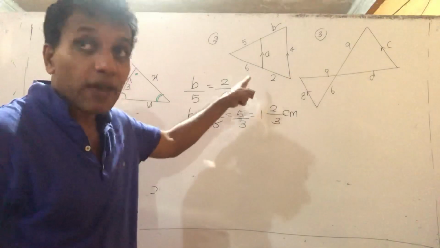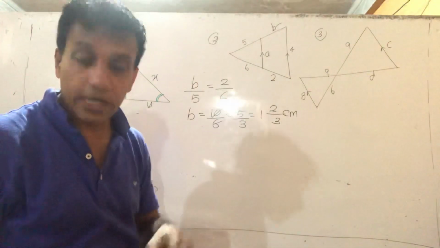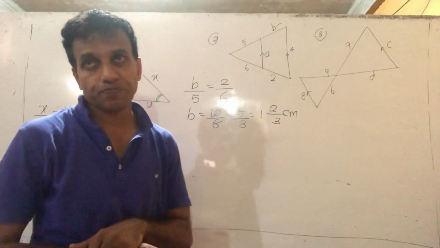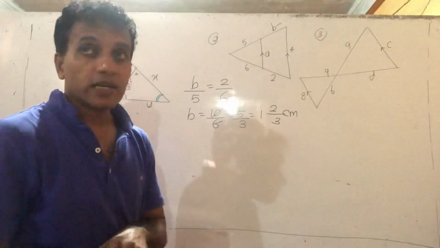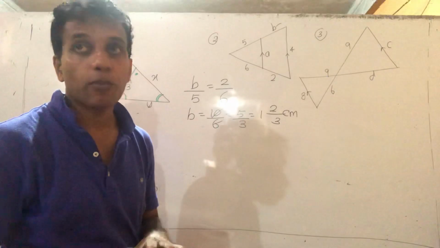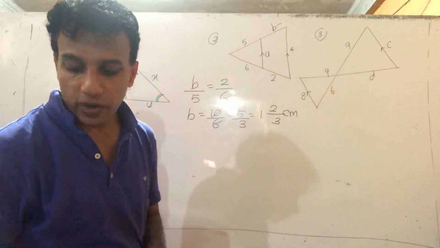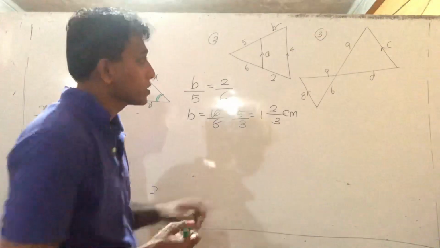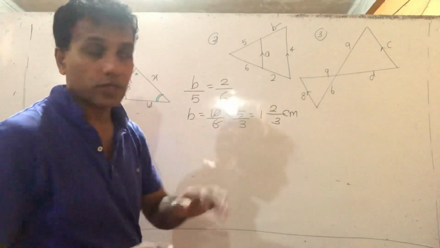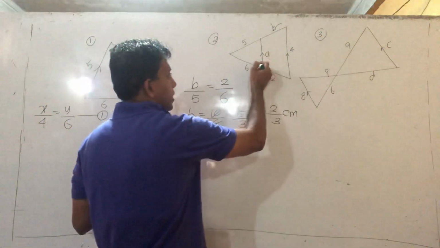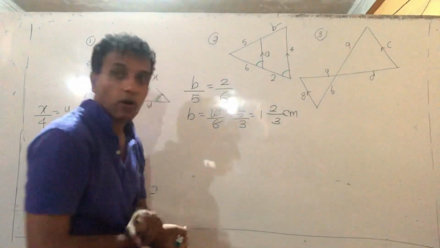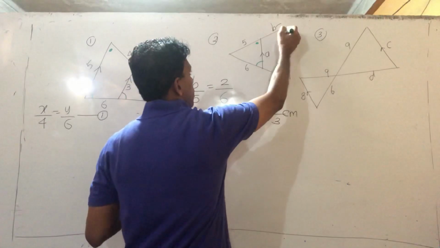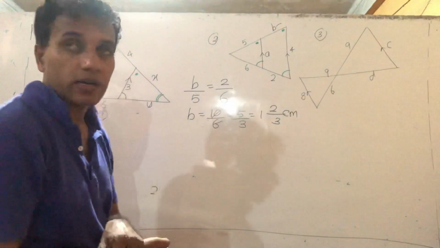To find the A value, you should think about the equiangular triangle idea, that the corresponding sides are proportional. So once again I'll explain the equiangular method. Lines are parallel, so this angle equals this corresponding angle, and this angle equals this corresponding angle.